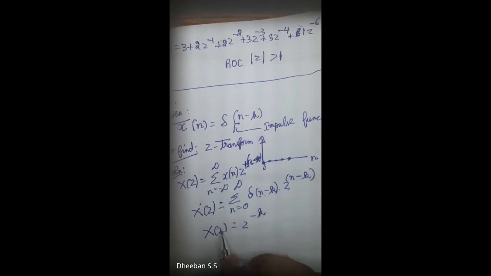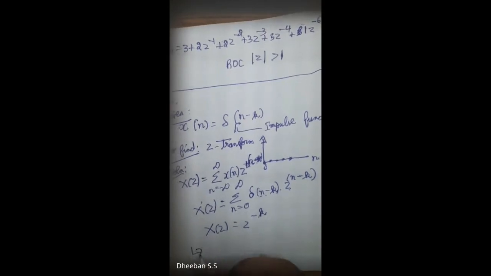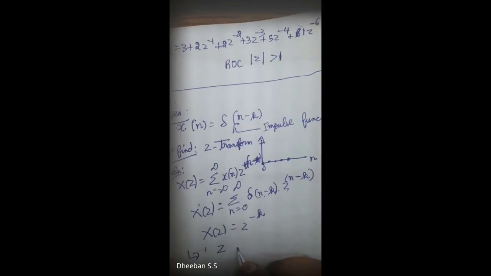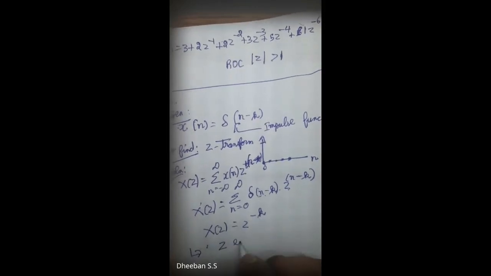Here, what you have to see is that it will be z, when this k value differs, except 0.